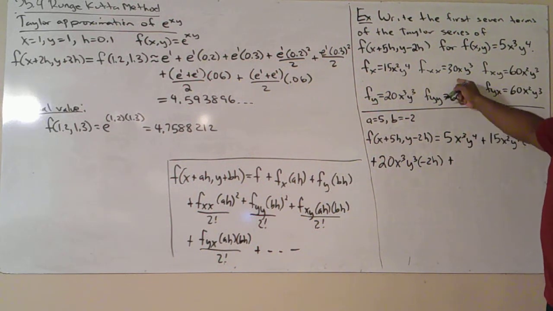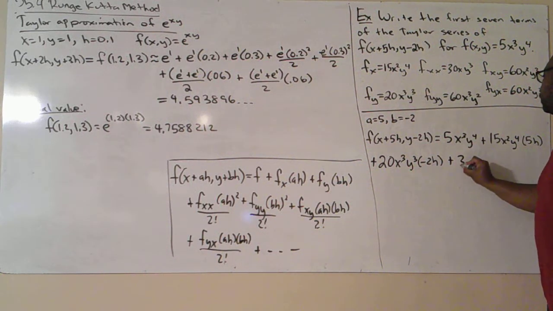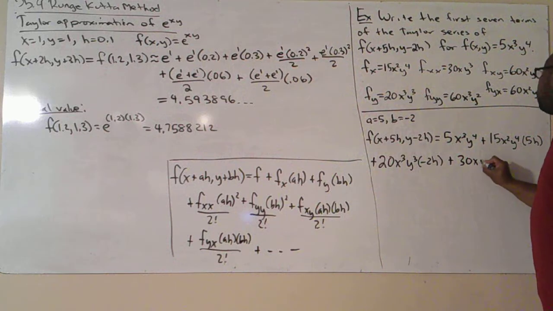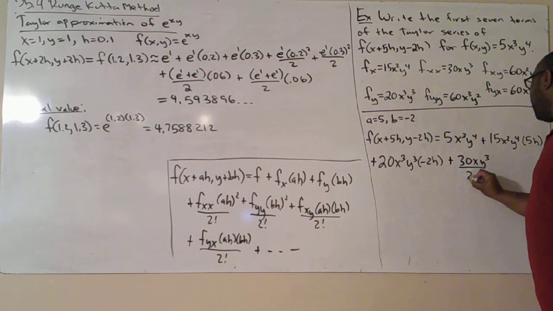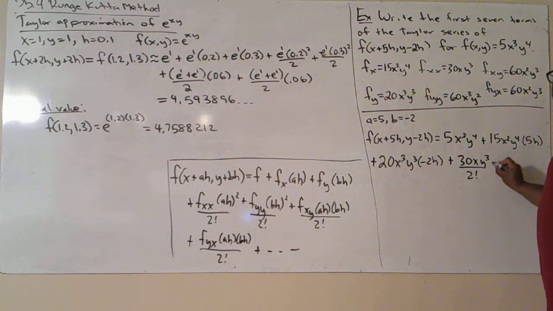Plus, now going to our second order derivatives, we get 30xy cubed. I'm going to put the divided by 2 factorial before I forget. 30xy cubed divided by 2 factorial times 5h squared, right?